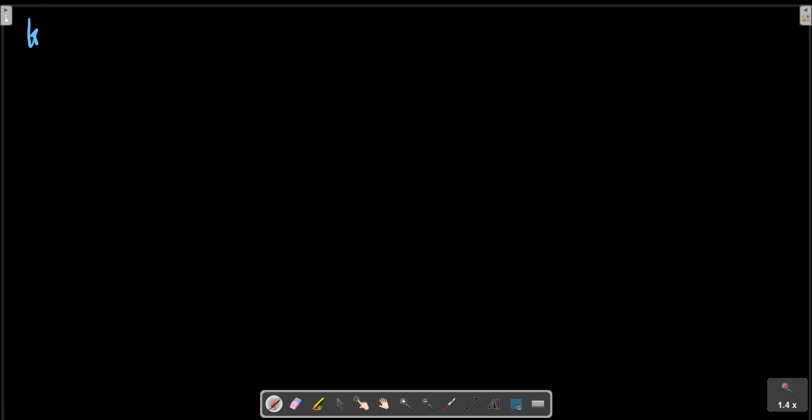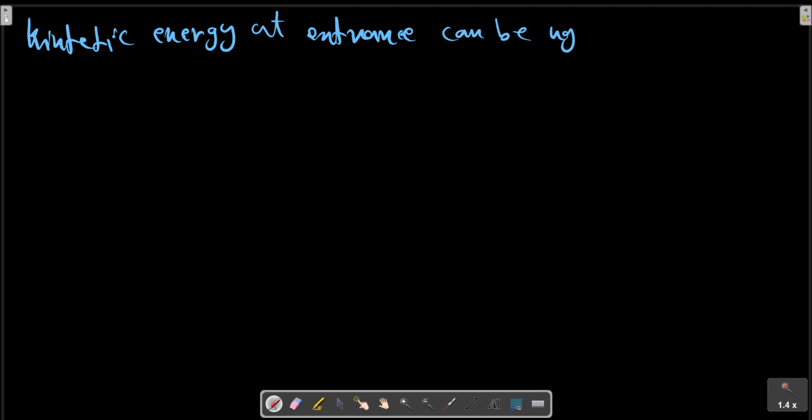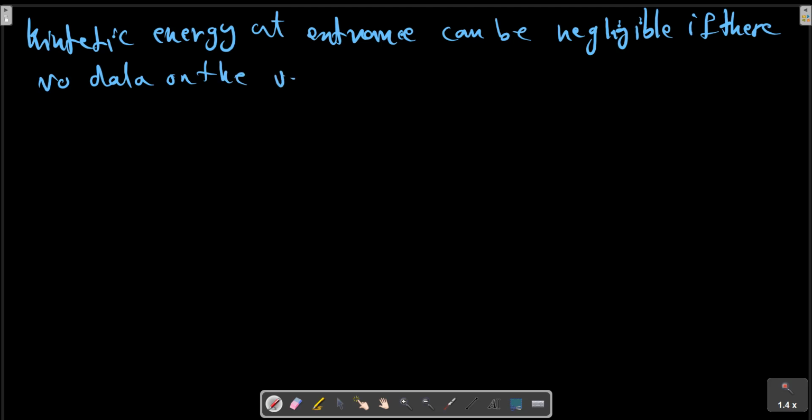So, kinetic energy at the inlet flow can be negligible if there is no information or data on the velocity at the inlet.